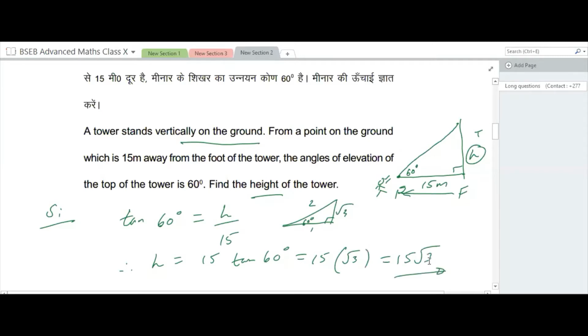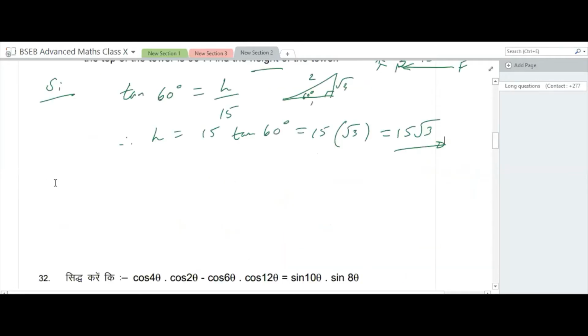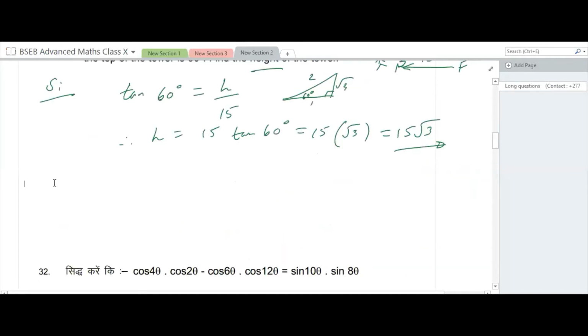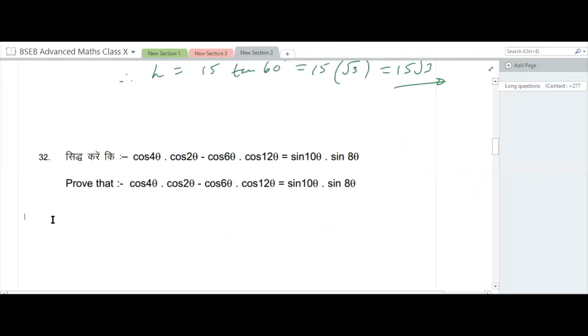Looking at the next question, which is question number 32. Question number 32 says, prove that. So what I can say here is, left-hand side is equal to cos 4 theta cos 2 theta.